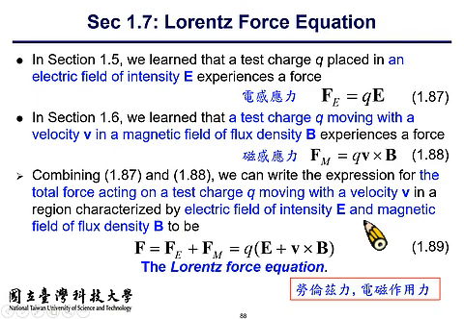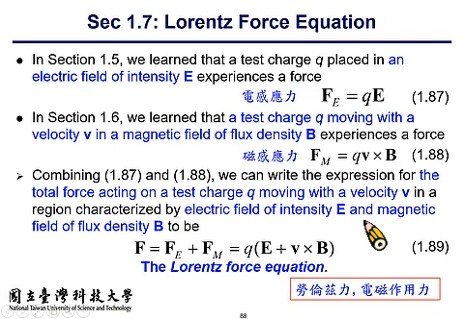Next we move on to our last topic of chapter 1, the Lorentz force equation. Combining the two forces, the electrical force and the magnetic force, we form equation 1.89, which is referred to as the Lorentz force equation.